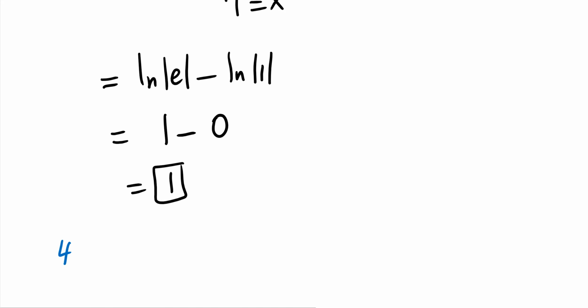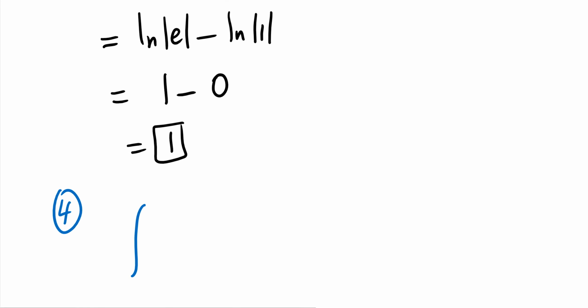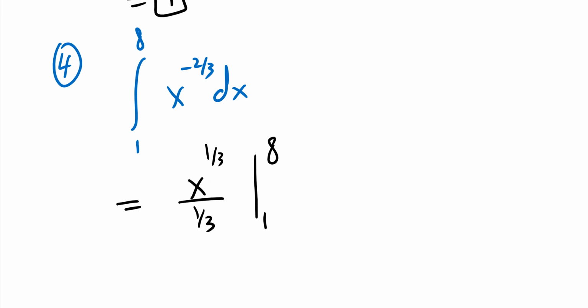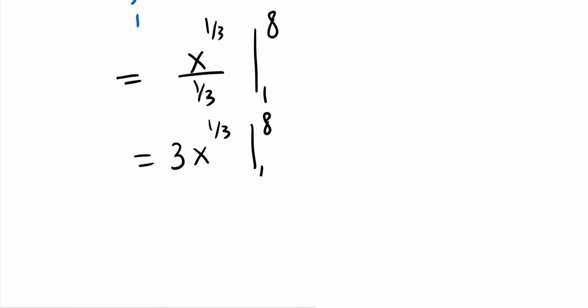Next one. The integral of x to the negative 2/3 dx from 1 to 8. What's the antiderivative of this? That would be x to the 1/3 over 1/3, from 1 to 8. But dividing by 1/3 becomes multiplying by 3, so 3x to the 1/3, from 1 to 8. Now how do we simplify this?